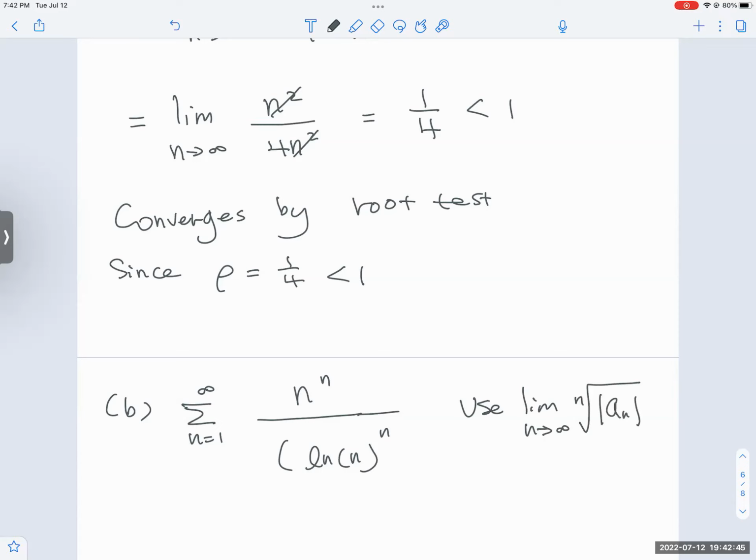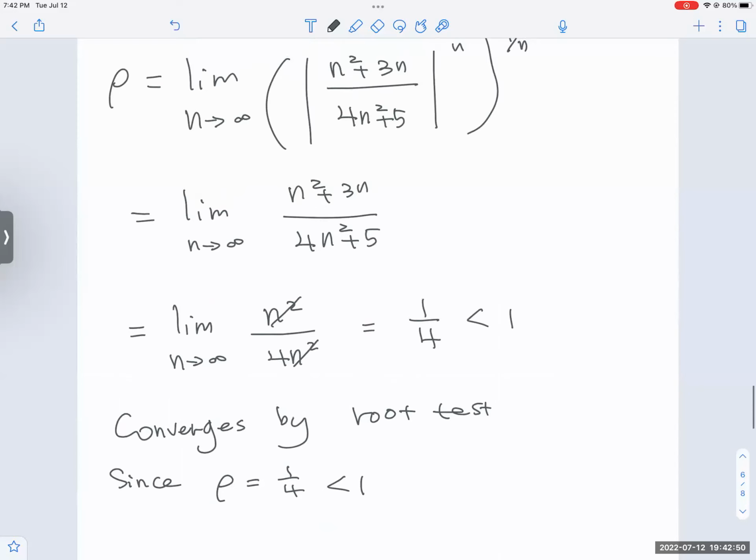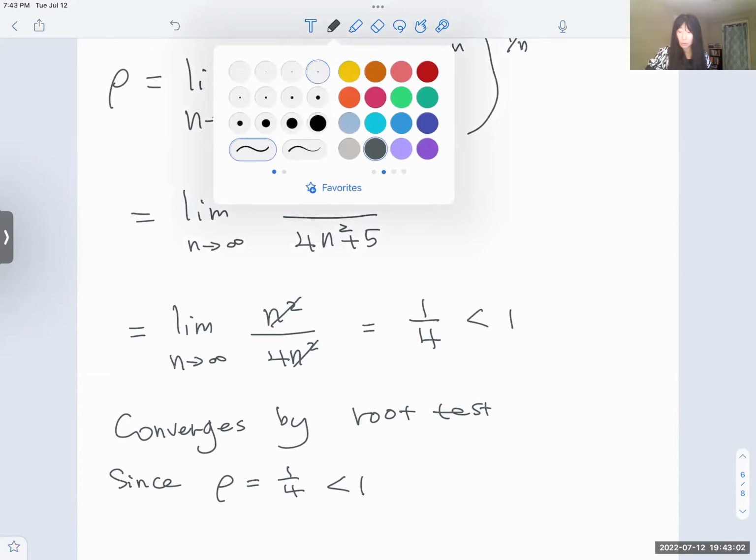Miss Lee, I have a question about the previous one. What happened with the 3n and 5? When n approaches positive infinity, I gave you a tip previously, right? We take the dominant term. Otherwise, you have to do the work.